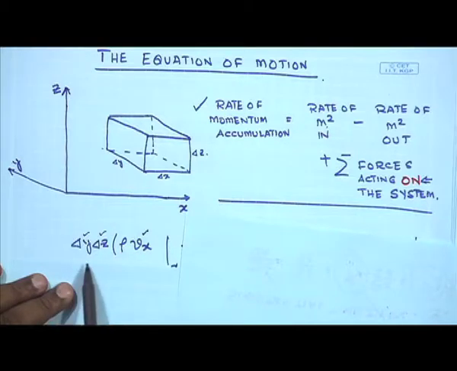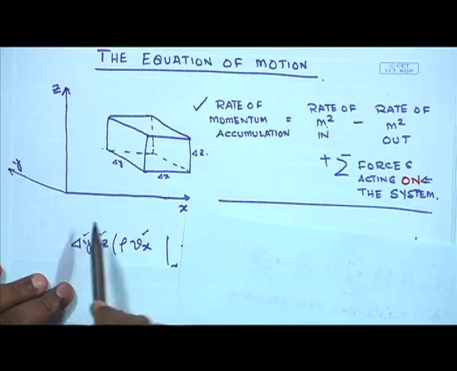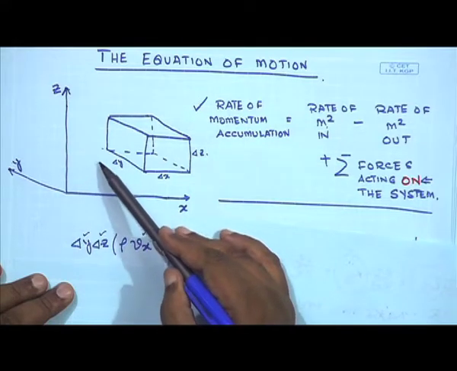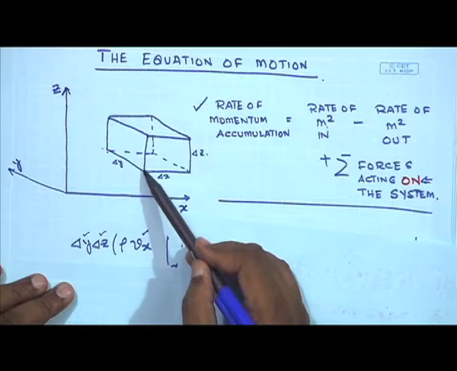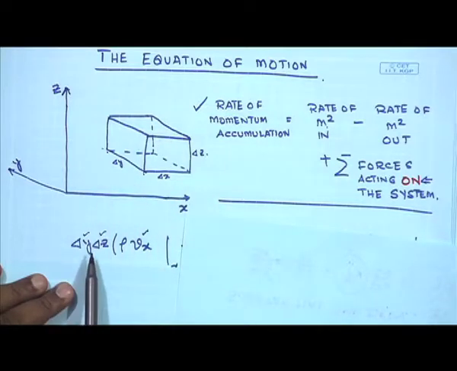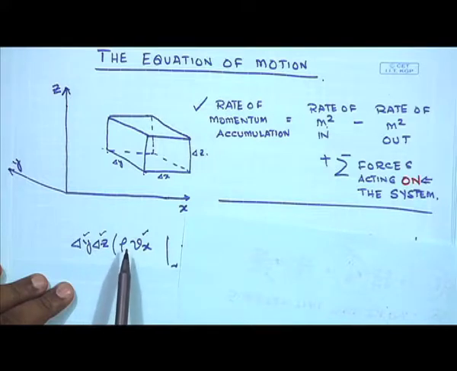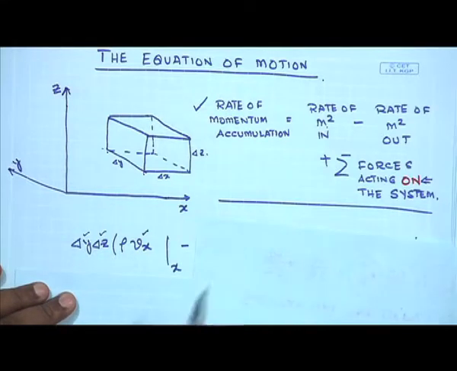So this term up to this part tells you the mass which is crossing the x phase having area del y del z. So del y del z rho Vx is the mass which is crossing the x phase evaluated at x.